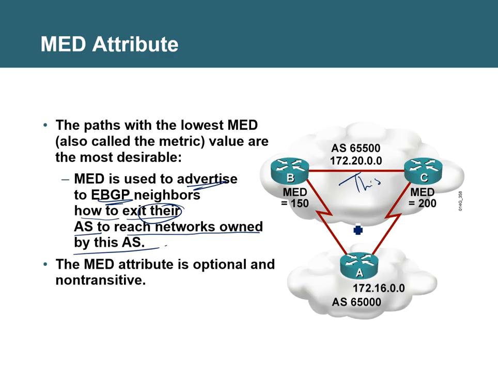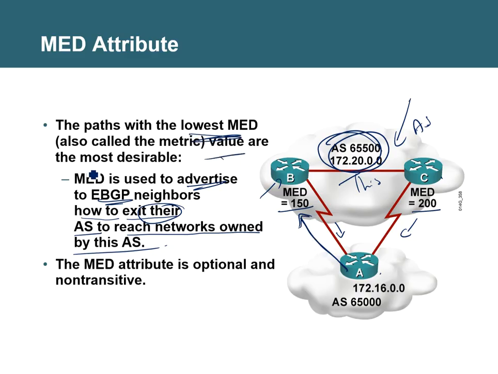If A wants to reach this network of this autonomous system, how should A exit? A should exit this way. How is it determined? Because B is saying my MED is 120, C is saying my MED is 200. Now A compares this and says, I will go this way. Lower is preferred.